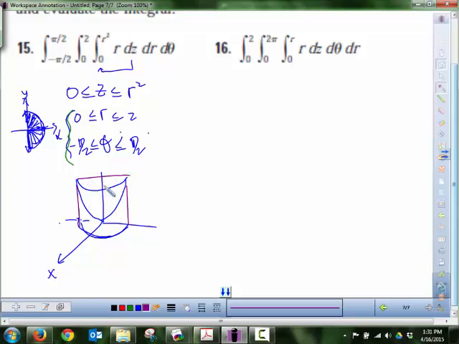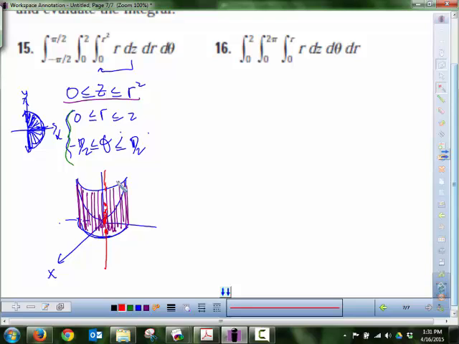So the actual paraboloid bit that we want is actually outside of the paraboloid. Because we want your z value to go from 0, and then you'll be inside of the region until you get out of the paraboloid on the top part.